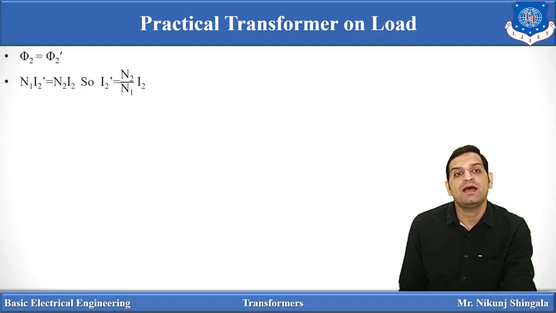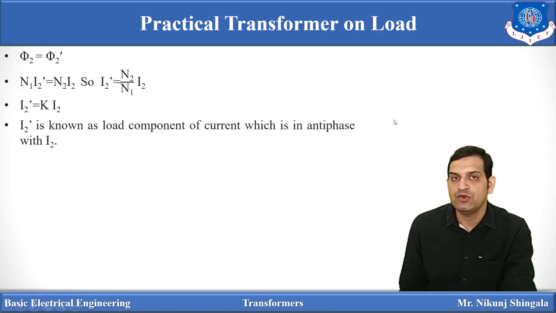So we can write N1 I2 dash is equal to N2 I2. So I2 dash is equal to N2 divided by N1 into I2, that is I2 dash is equal to K I2, because K is the voltage transformation ratio. So I2 dash is proportional to I2, and I2 dash, as I told you, is the load component of the current, which is in antiphase with I2.